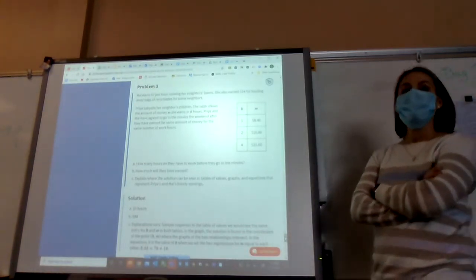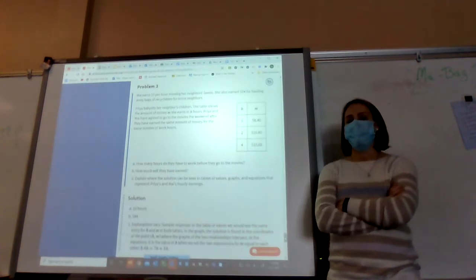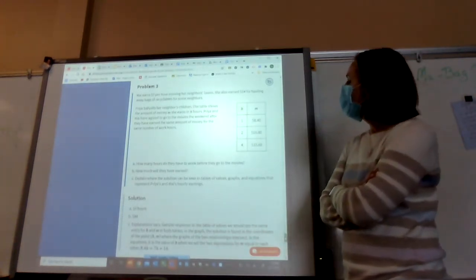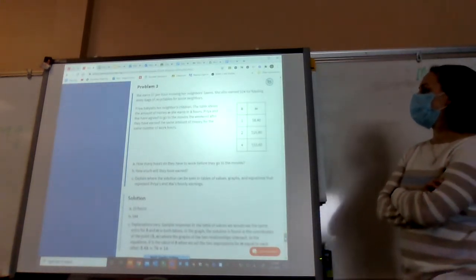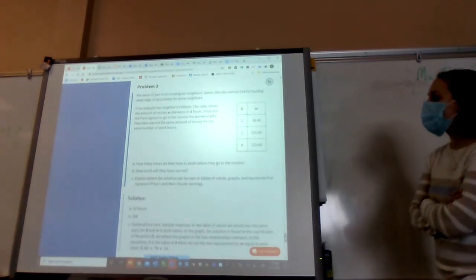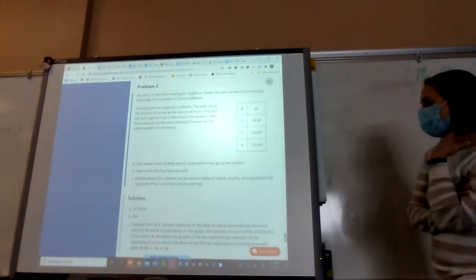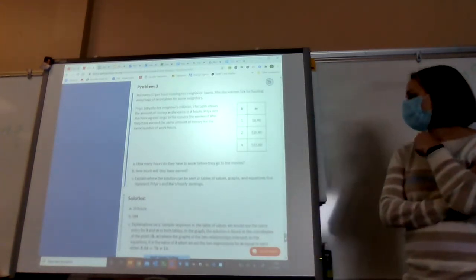The table shows the amount of money M she earns in H hours. Priya and Mai have agreed to go to the movies the weekend after they've earned the same amount of money for the same number of work hours. How many hours do they have to work before they can go to the movies?